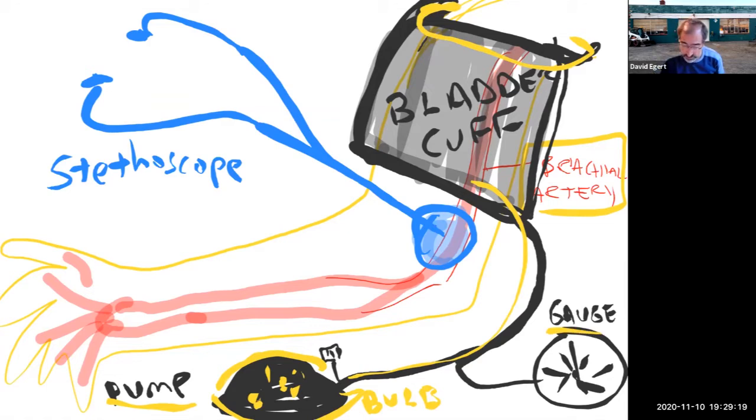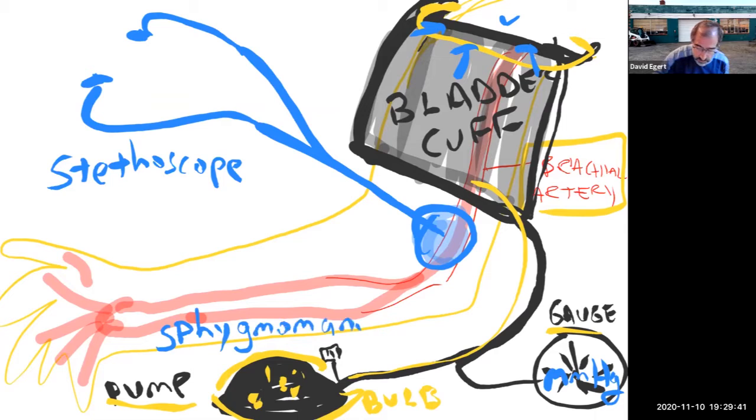And this gauge will tell you in millimeters of mercury how much pressure this bladder is pushing against your arm with. This whole deal is called a sphygmomanometer. You should know that name probably. So this is the sphygmomanometer.